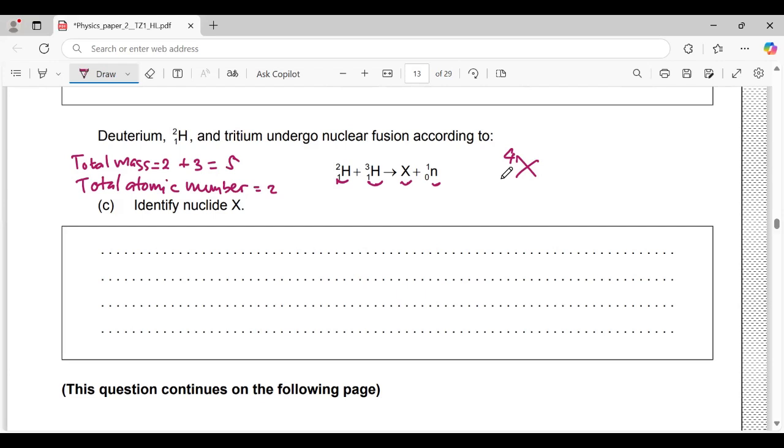And the atomic number is 2. So X with total mass 4 and atomic number 2 is helium-4. So this is helium.